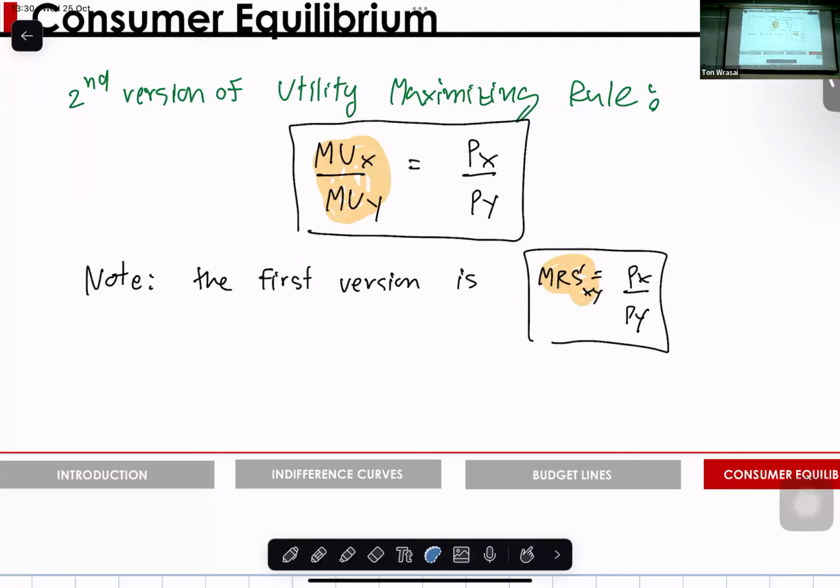Marginal means additional. What does additional utility mean? MU, marginal utility. Together, find out. I will come back. MU, what is MU?